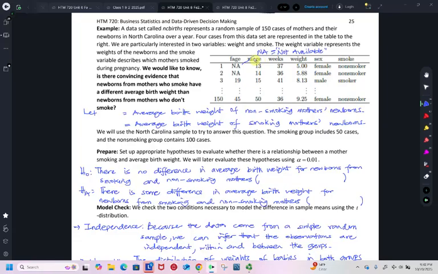That is the population of weights of newborns born to non-smoking mothers, and we're going to let the average of that, for non-smoking, have a subscript N, and the average weights of babies born to smoking moms.